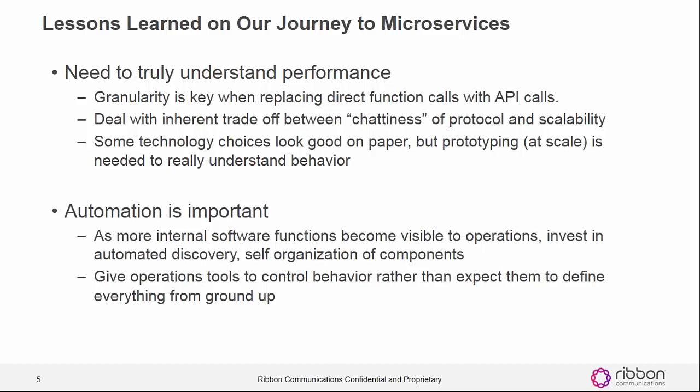That granularity becomes really important because you have a trade-off between the chattiness of the intercomponent communications and the scalability of the solution. And what we found is some technology choices look good on paper, but you really have to do prototyping at scale to understand how that behavior works. And so, when we looked at it, and I'll get more into details on what we did, we had a bit of an advantage.